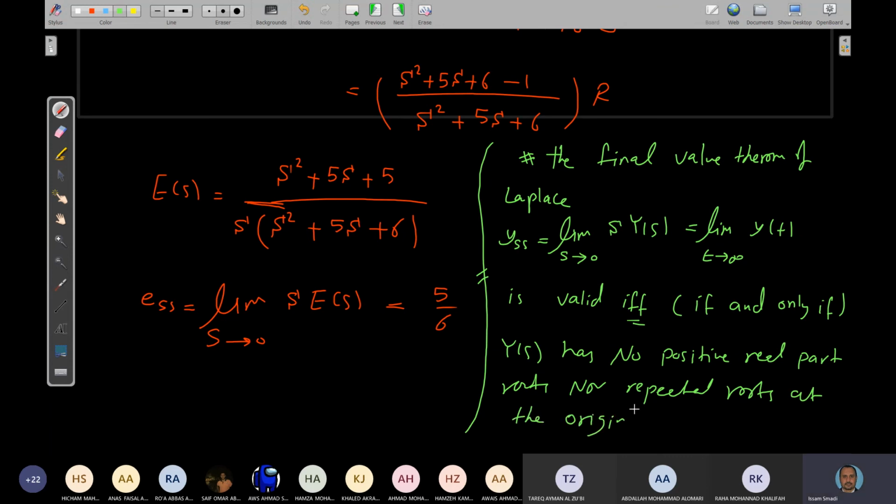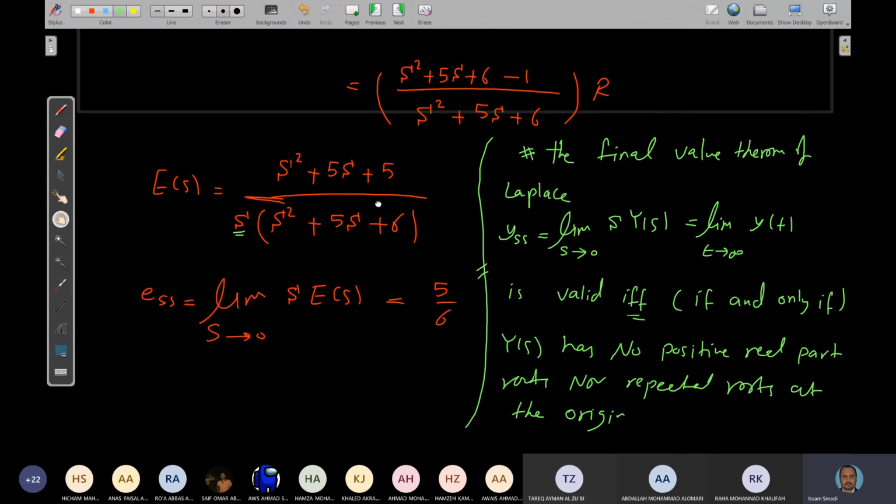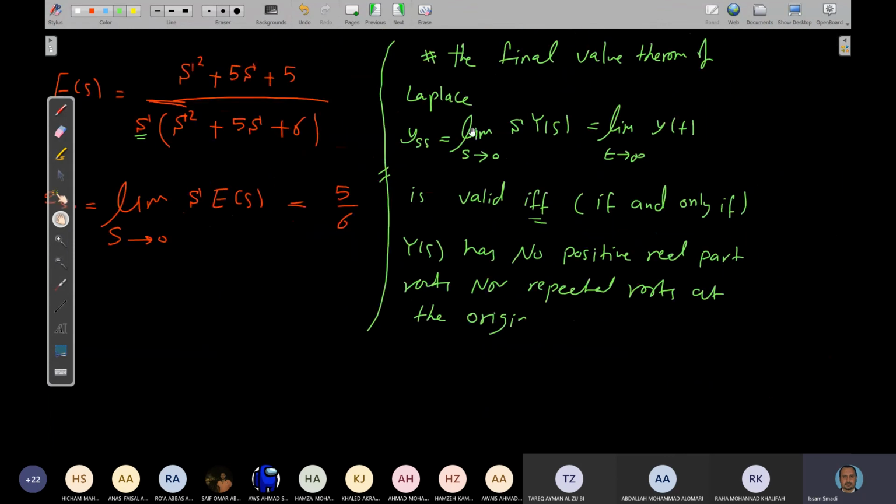So simply I'm only allowing one root at the origin because of the unit step. The unit step is 1/s, correct? Or simply if you need to link it with stability, I can say that I can use the final value theorem if the transfer function is stable.